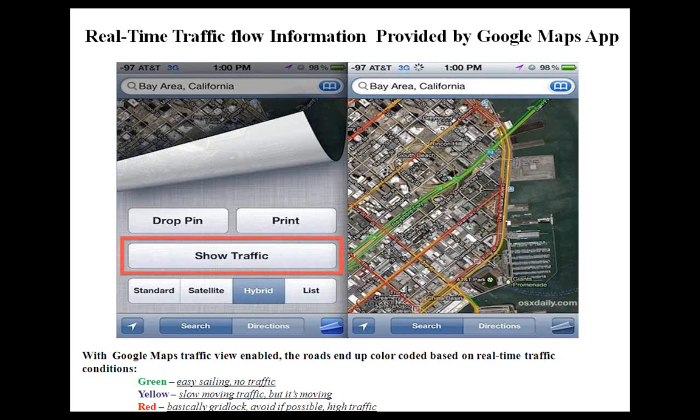And most of you are familiar that if you enable the traffic view in your Google Maps, you can get color-coded traffic flow rates on a real-time basis, which are based on how many people are using their cell phone and the accelerometer information that's already in most of the high-end cell phones. For example, green is easy sailing, no traffic, yellow is slow moving, and red is basically gridlock.